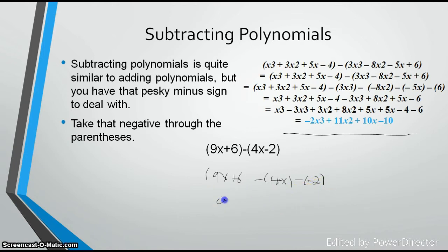And that will give us 9x plus 6 minus 4x plus 2 for a total of 9x minus 4x and 6 plus 2. So we get 5x plus 8 for the final answer.